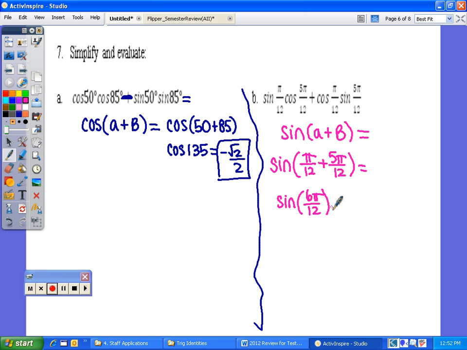Well, 6 pi over 12 is actually pi over 2. We all know that pi over 2 around the unit circle is the same thing as 90. So the sine of 90, that's the second number in the coordinate, so (0, 1). That means the sine of 90 is just 1. Okay?